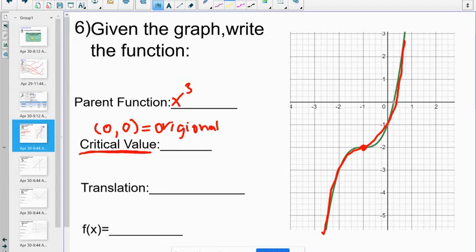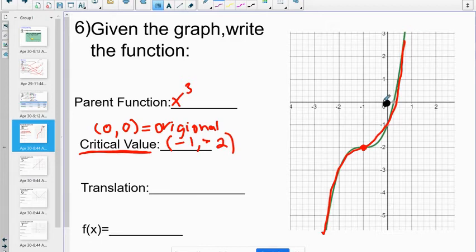And now, since we know what the new critical value is, ordered pair -1, -2, we can take that critical value and put that into our translation. So we know that our original would be at the origin here.